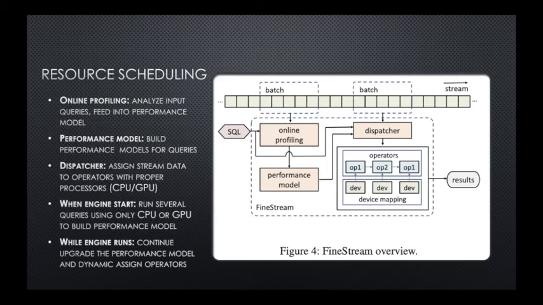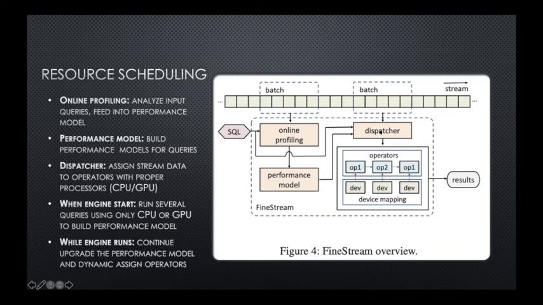Next, let's talk about the computing resource scheduling method. The online profiling model is used to analyze input batches and queries, then feed the information into the performance model. The performance model is used to build models for queries on either CPUs or GPUs, and the performance information includes time span and bandwidth to assess the operator to dispatch.